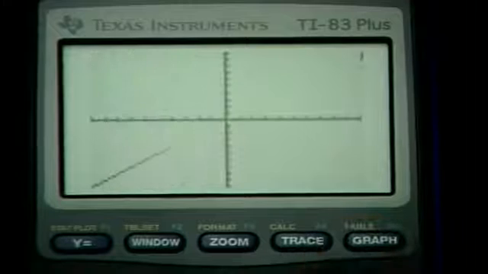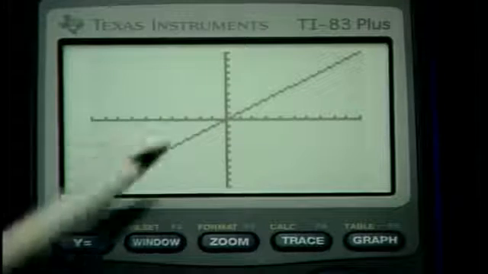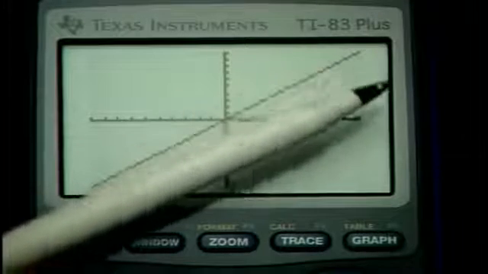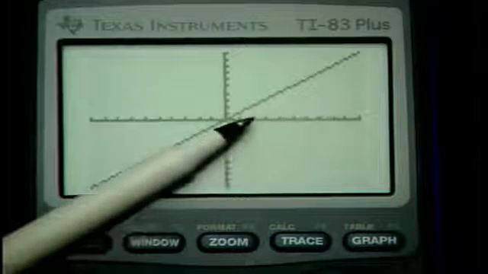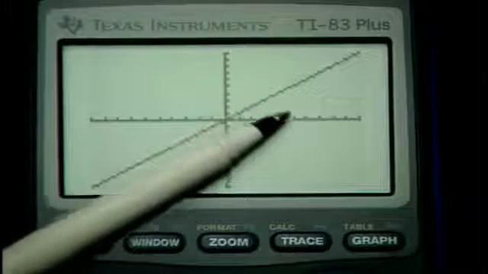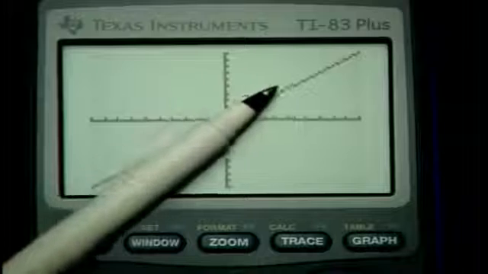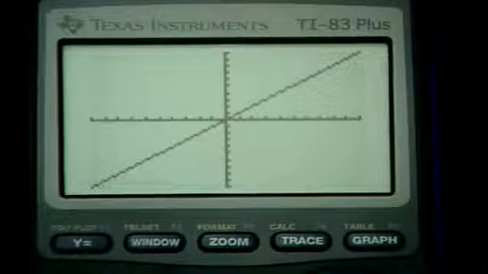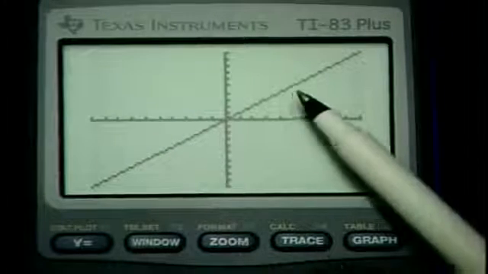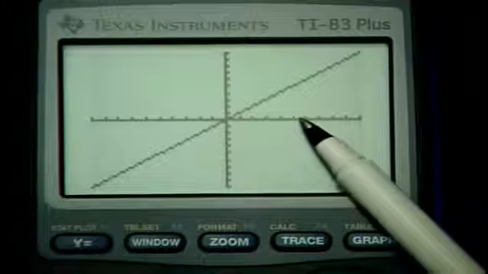But the graph, notice, is angled at a certain way through the coordinate plane. And this angle is a smaller one than that one. And if this is truly Y equals X, then the angle right here should be 45 degrees.